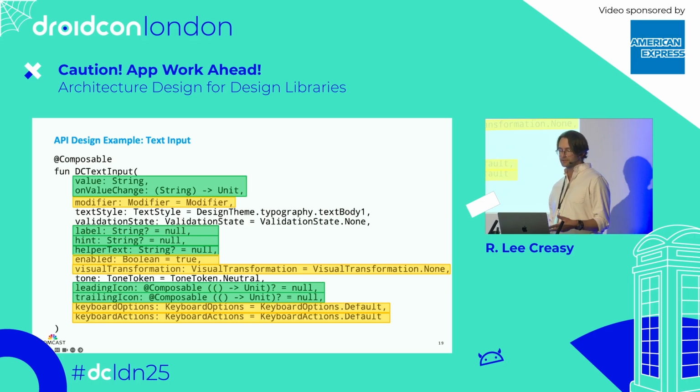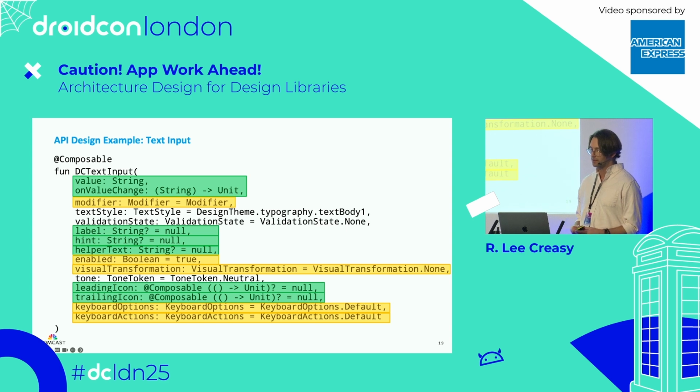And then what we're left with is all the design focus parameters. Text style will change the style of anything typed within the text input. And the validation state is for our engineers to use to tell the button how to appear depending on the text validation or the text that they're trying to validate.